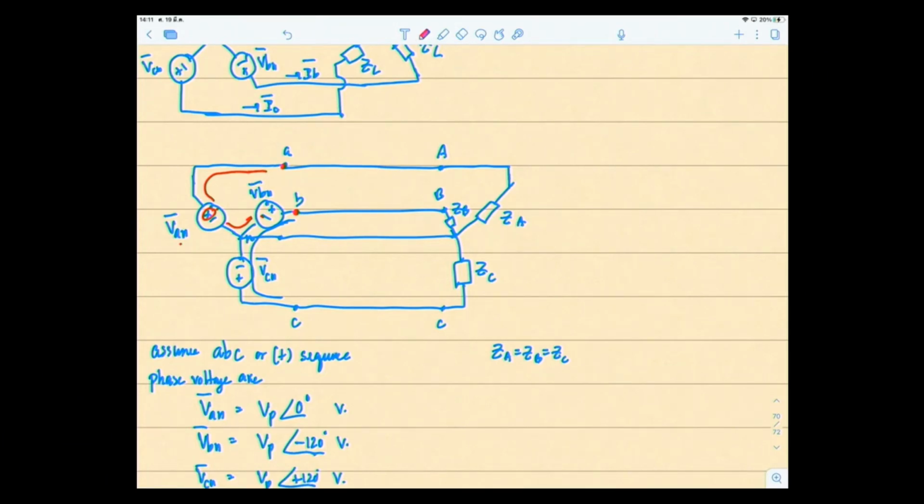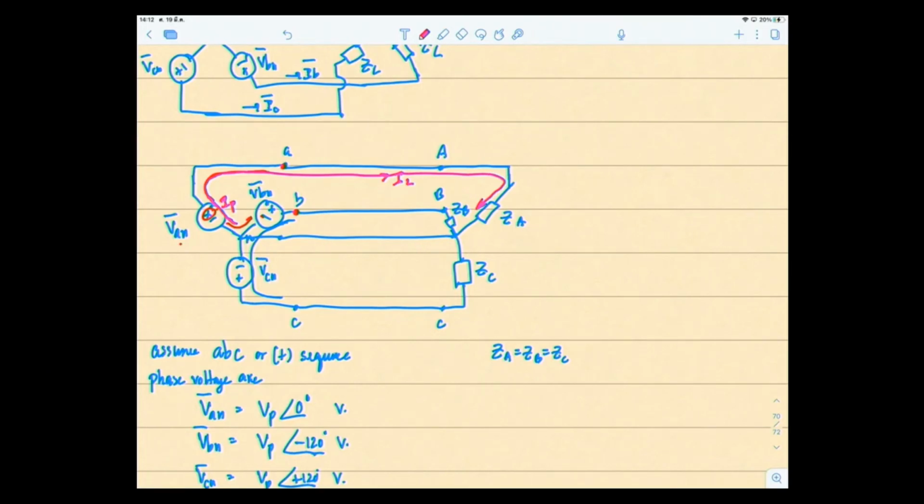Phase current, right? Current comes out from the source, from this phase. Current comes out of the phase, I phase. Then it goes through here. It's also line current. It becomes line current, and then it continues flowing.